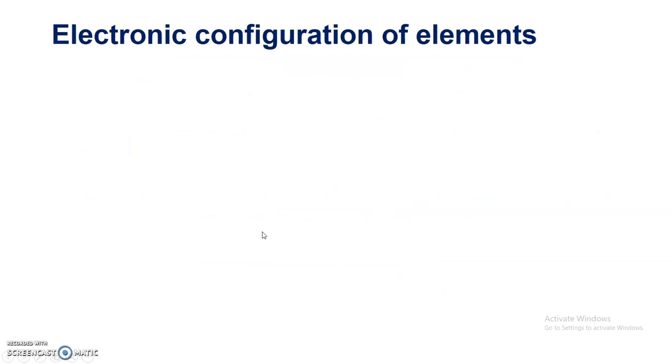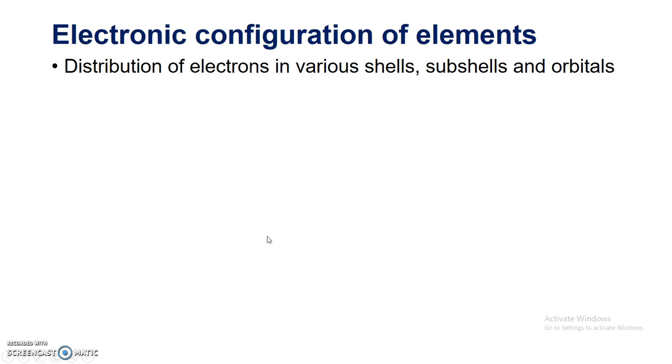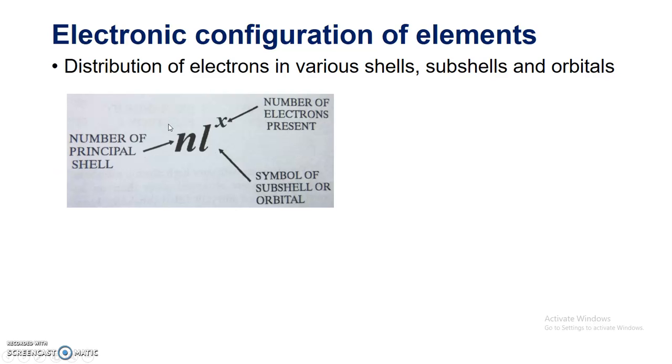Now the next point is the electronic configuration of elements. The distribution of electrons in the various shells, subshells and orbitals in an atom is called electronic configuration. And this is the general representation of electronic configuration: nlx, where n is the principal quantum number, l is the azimuthal quantum number indicating the subshell, and this x is the number of electrons present.